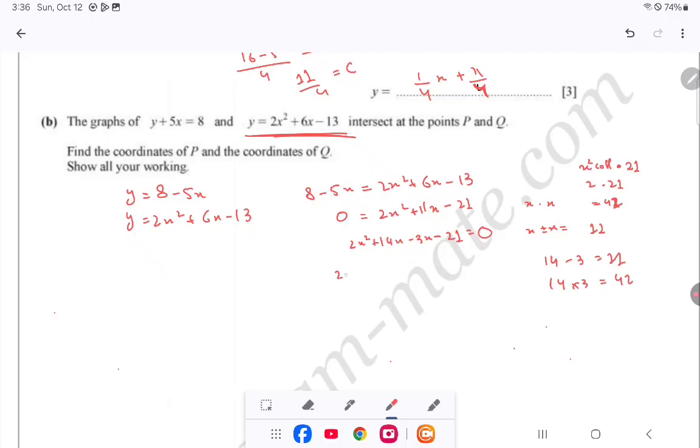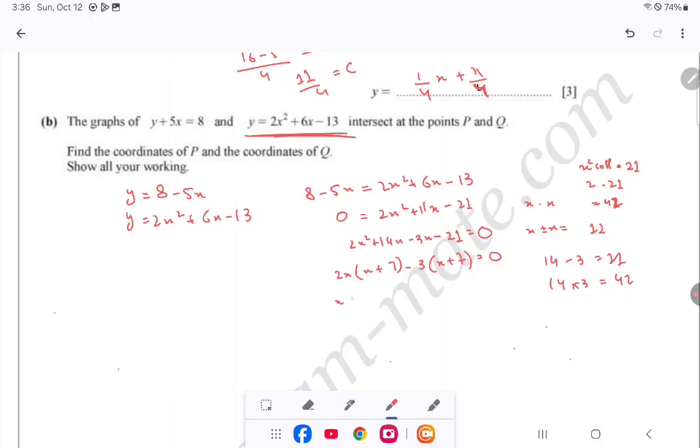Taking 2x common, x plus 7, 7 into 2 is 14, minus 3 common, x plus 7, 7 into 3 is 21, is equal to 0.